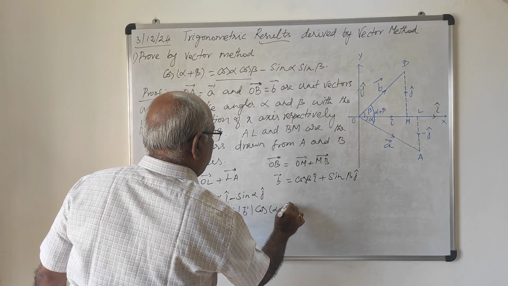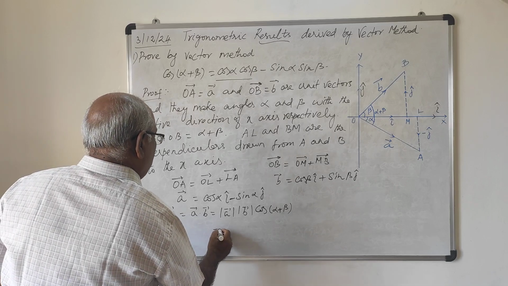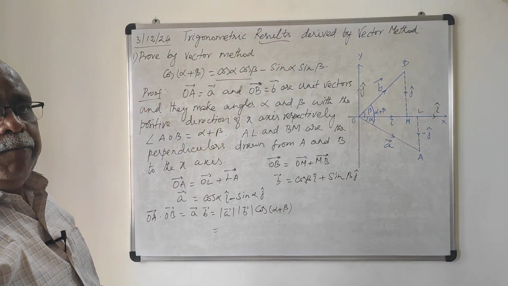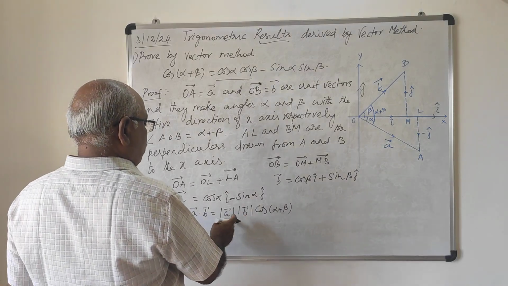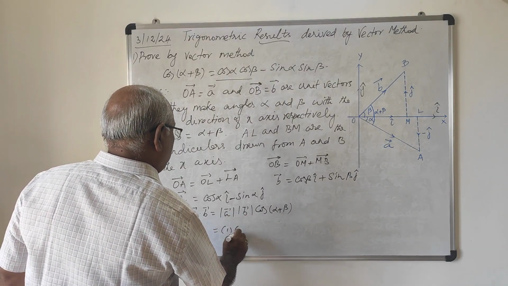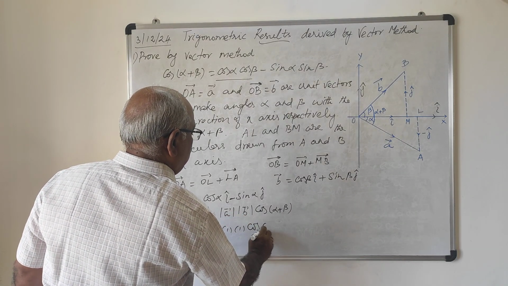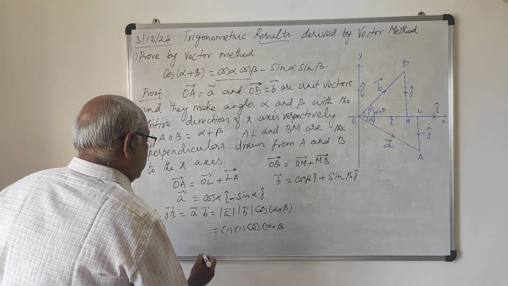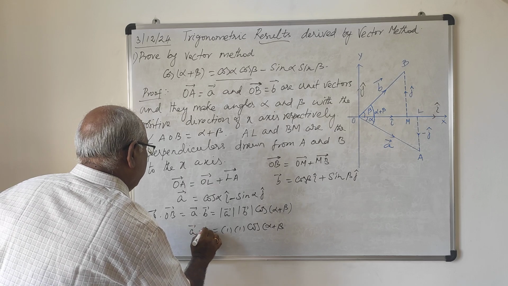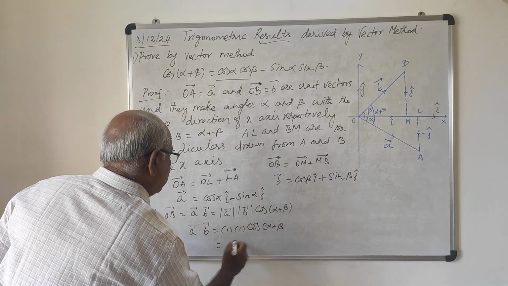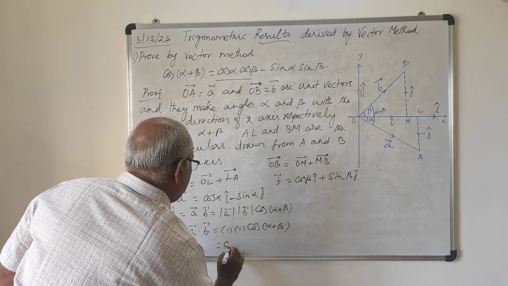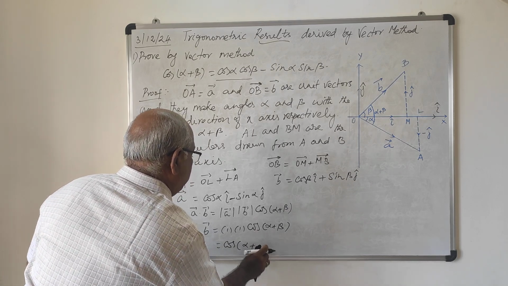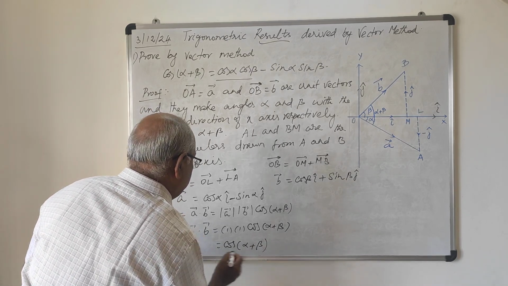Mod A and mod B are both 1, because A and B are unit vectors. So A dot B is just cos(alpha plus beta).